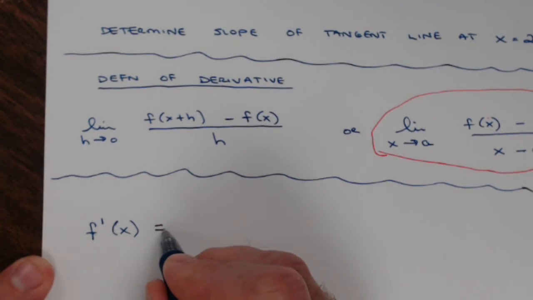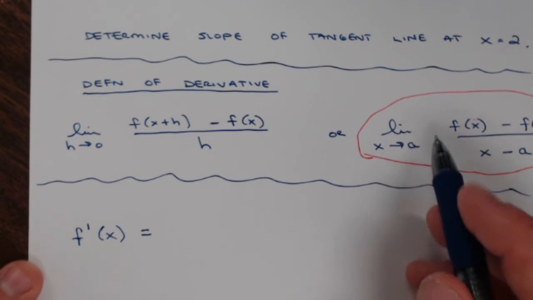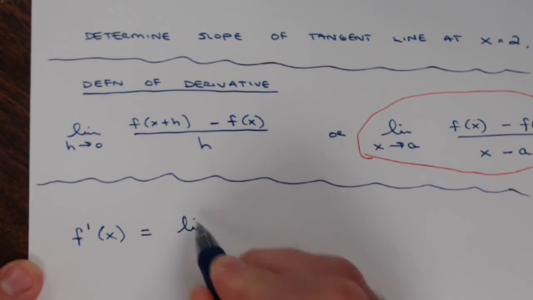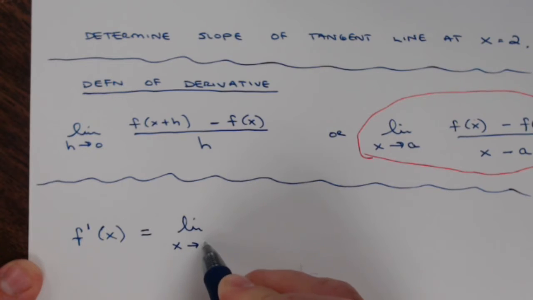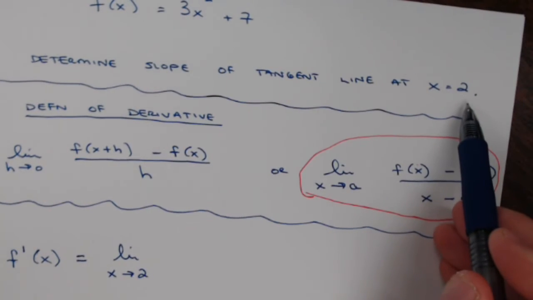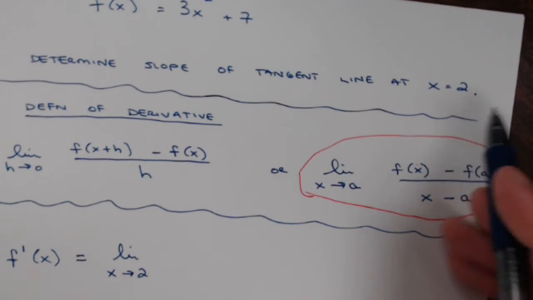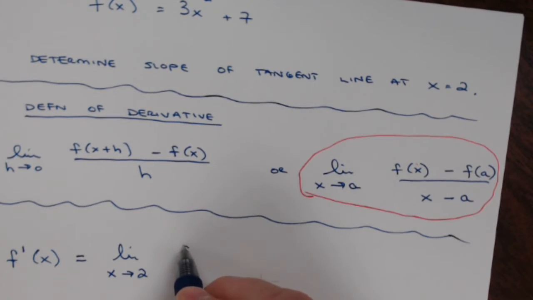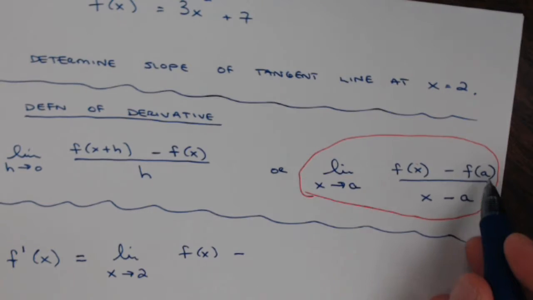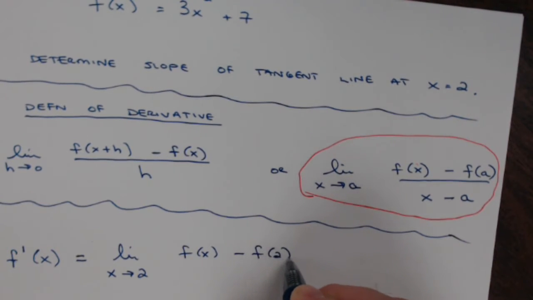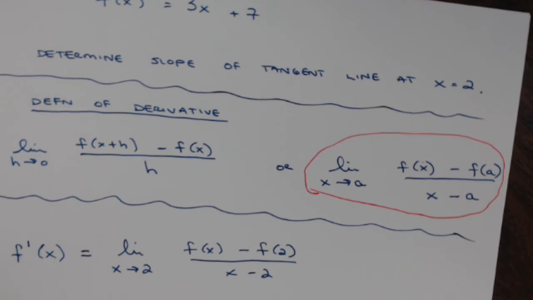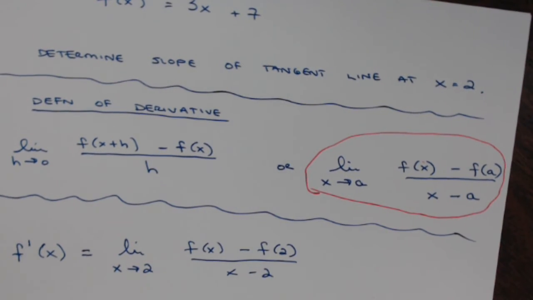So f prime of x equals, we're using this one, the limit as x approaches 2, that's what the problem says here, of f of x minus f of 2 all over x minus 2. And if you recall, we found the slope to be 12 in the previous example. I think it was video 2 in this series.